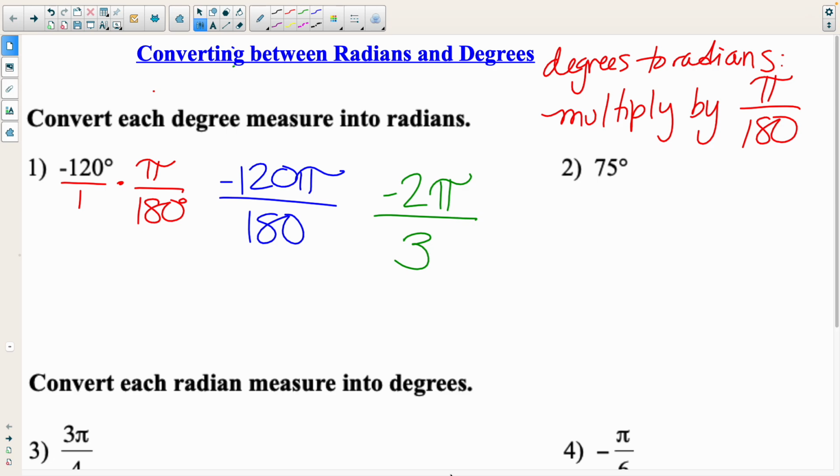So go ahead and do the same thing for number 2. Convert 75 degrees to radians for me.